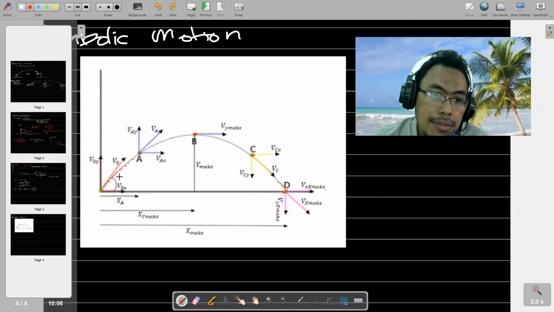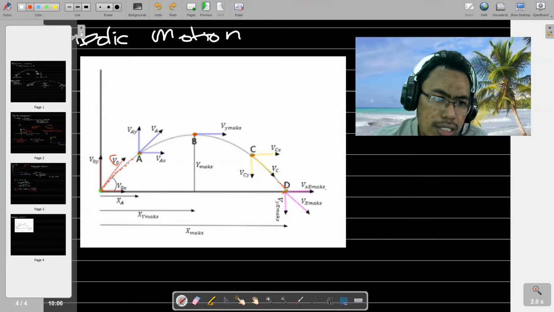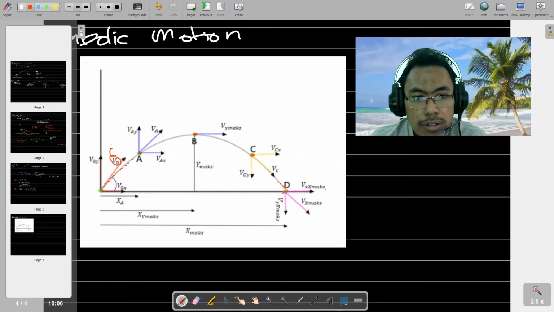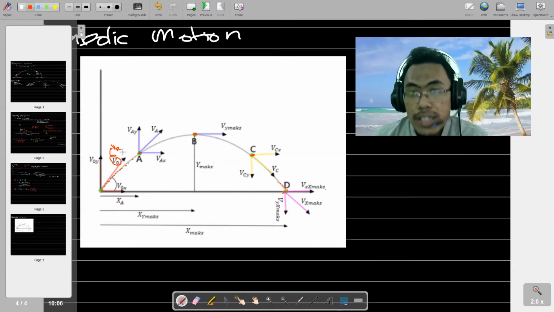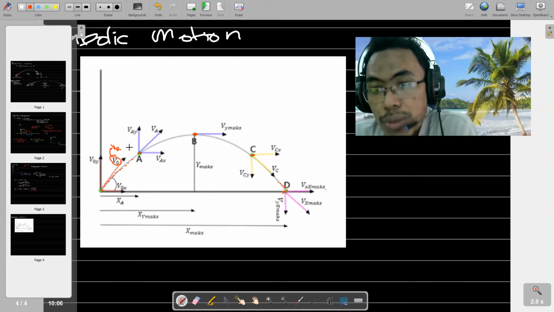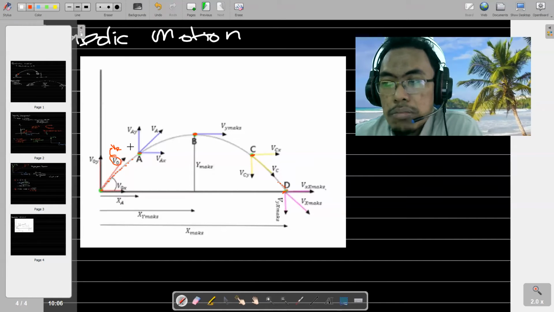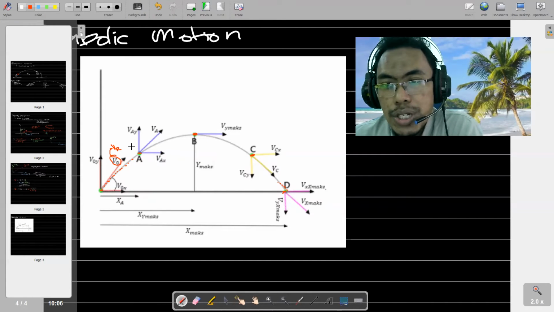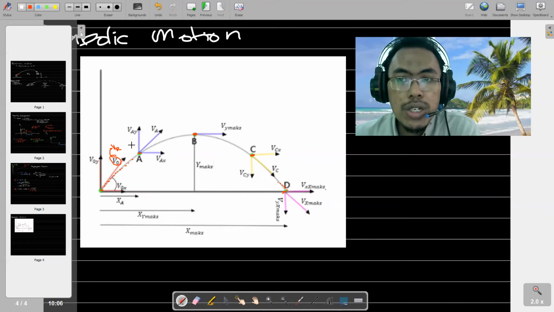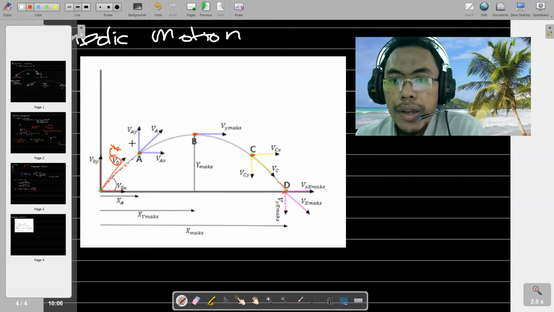If you take a look, this one is VO. Actually, this VO is similar to VR, but it's okay. I'm not strict on what symbol you use. You can use VO or VR, you don't have to always follow my symbol.